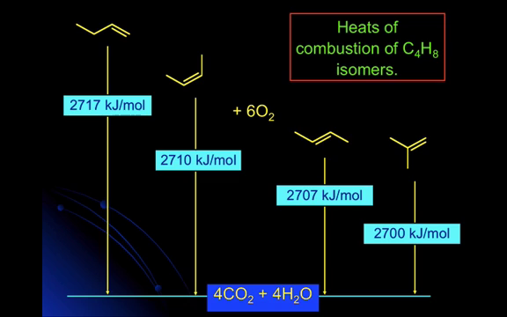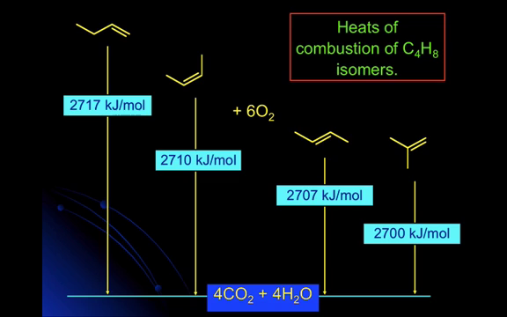Than the one that looks the same as it? Which one looks the same as it? The third one. No, this is a second, or disubstituted. This one is a monosubstituted. Okay. So yeah, it zigs and zags the same way, but notice the position of the double bond is between carbons 2 and 3 here, where here it's just between carbons 1 and 2. That's why. Does that make sense?